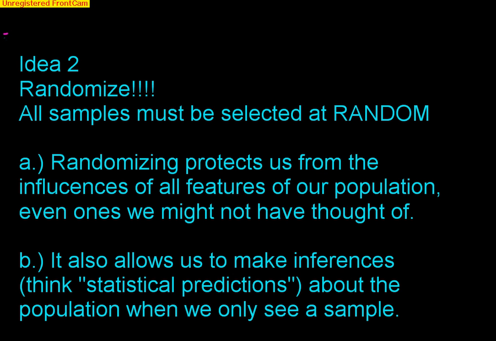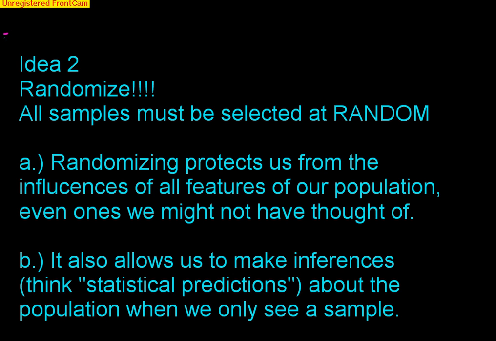Randomizing protects us from the influences of all features of a population, even ones we might not have thought of. So if there could be a difference between males and females, what we do is select a sample randomly, and the randomness should give us some females and some males, as long as we at least thought about it.